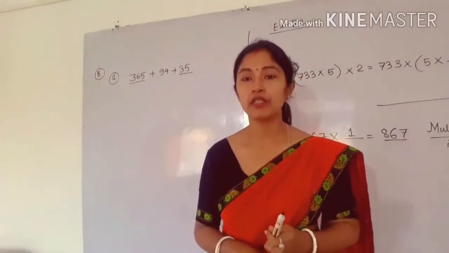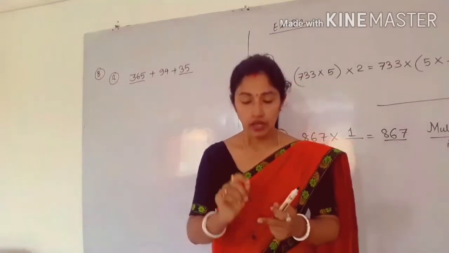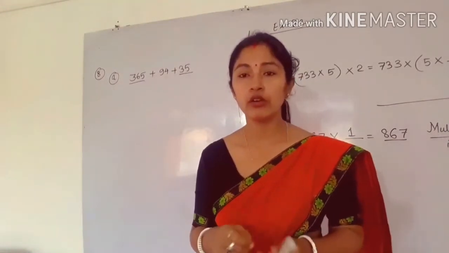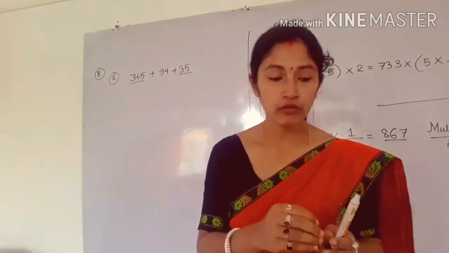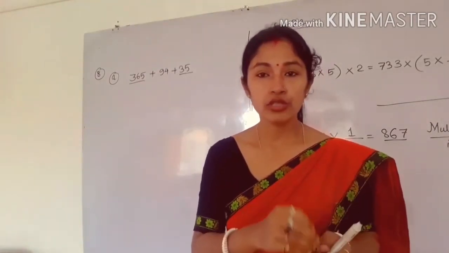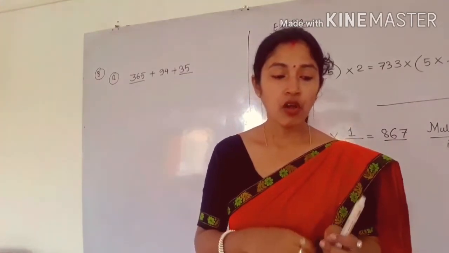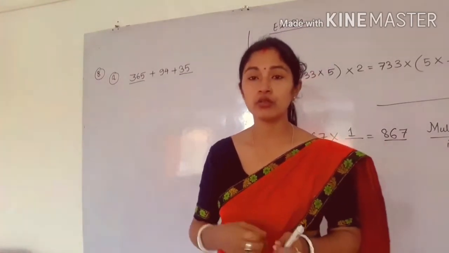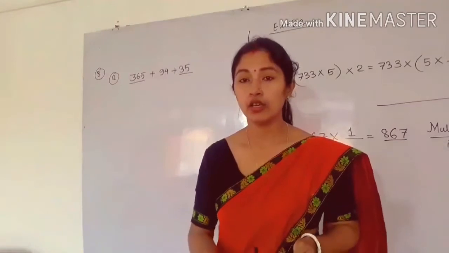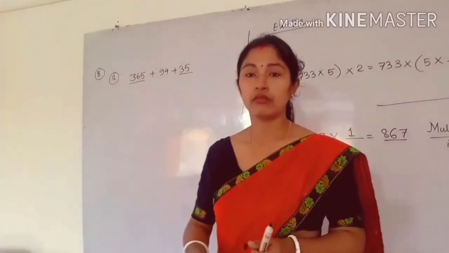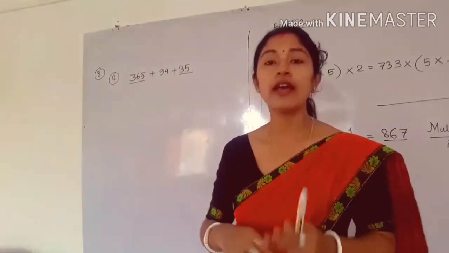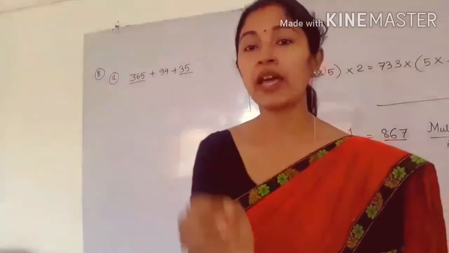Please remember these points. These are very important points whenever you are doing a question. You have to see the techniques. For example, here in the question they are asking to solve the following as fast as you can. You can add the three numbers, no doubt, but you have to solve as fast as you can, so you have to apply one technique.